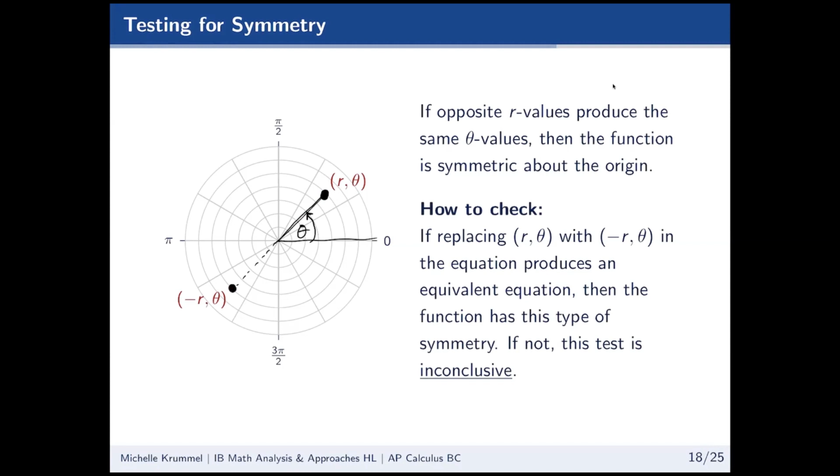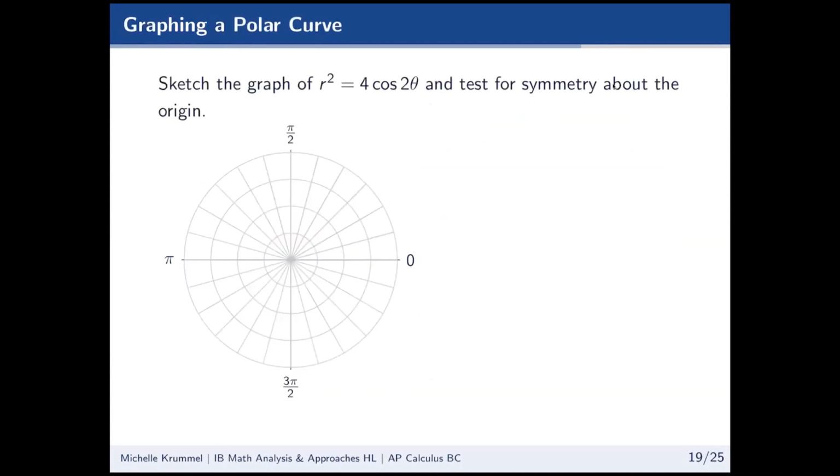How do we check for symmetry about the origin or about the pole here? We're going to replace the r with a negative r only, and then simplify the equation and see if we get the original equation back. For example, let's consider this polar equation, r squared equals 4 cosine 2 theta.